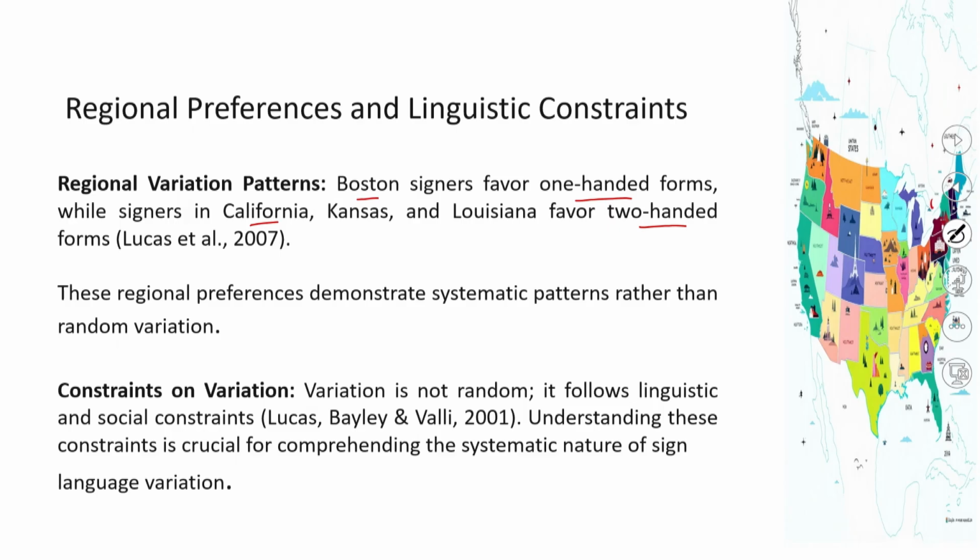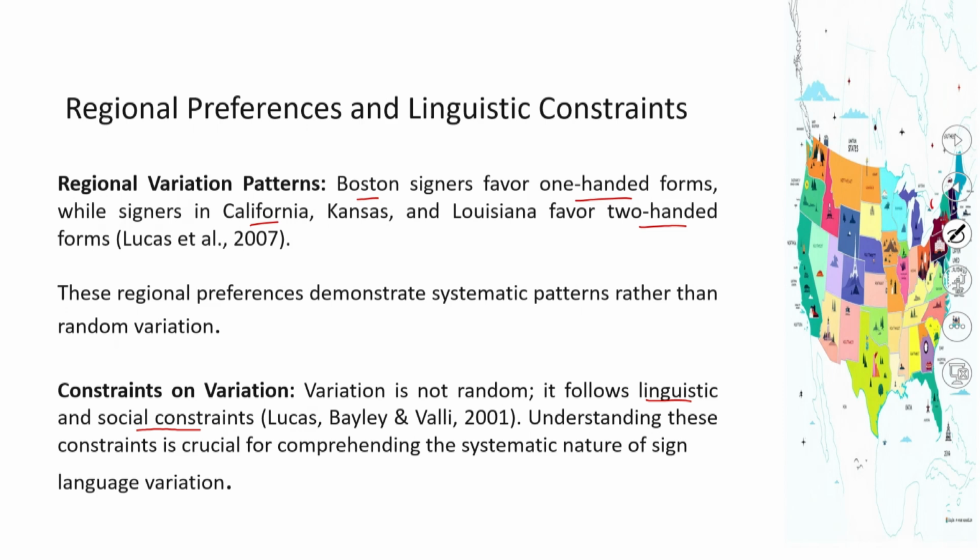Also there are some constraints that have been studied. Variations are of course not random; they follow linguistic and social constraints. Understanding these constraints is crucial for comprehending the systematic nature of sign language variation.